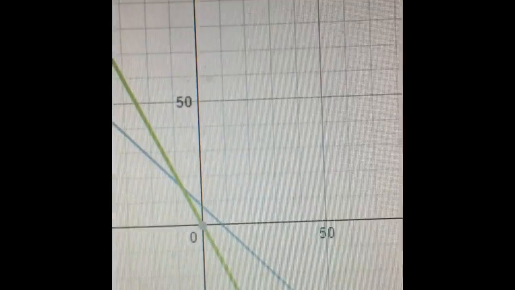As you can see, they do not intersect inside the quadrant right there. So there is no real solution for this answer. No real solution for 46.